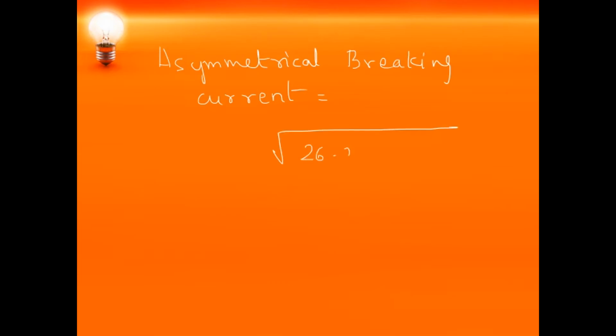So we get the asymmetrical breaking current as root of 26.24 kiloamps the whole square plus 18.55 kiloamps the whole square. If we calculate this, we get 32.13 kiloamps. This is actually the RMS value.